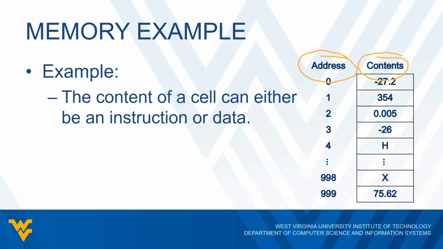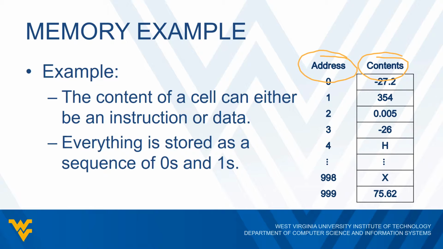Here in our example, we have addresses 0 to 999, but realistically, we have a lot more than 1,000 addresses available to us. Now, it's important to note that each cell and the data stored in it is a sequence of zeros and ones. Like if we store -26 here, for example, we don't actually store the negative sign, a 2 and a 6.